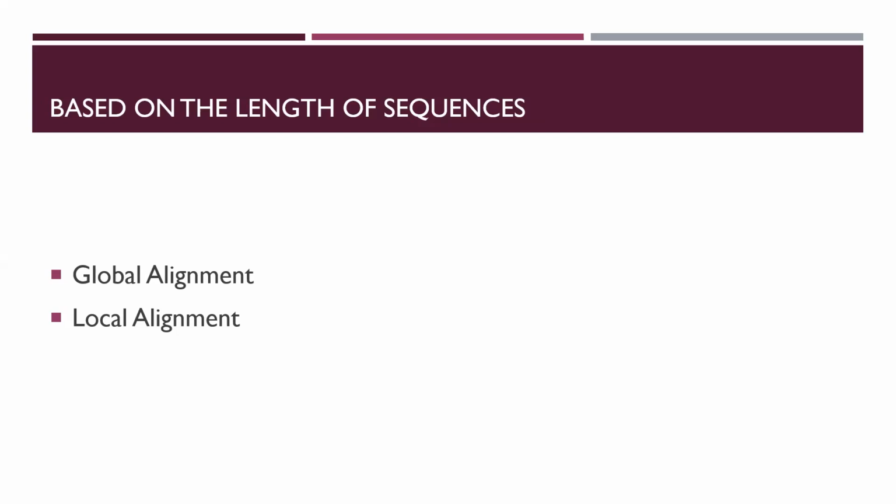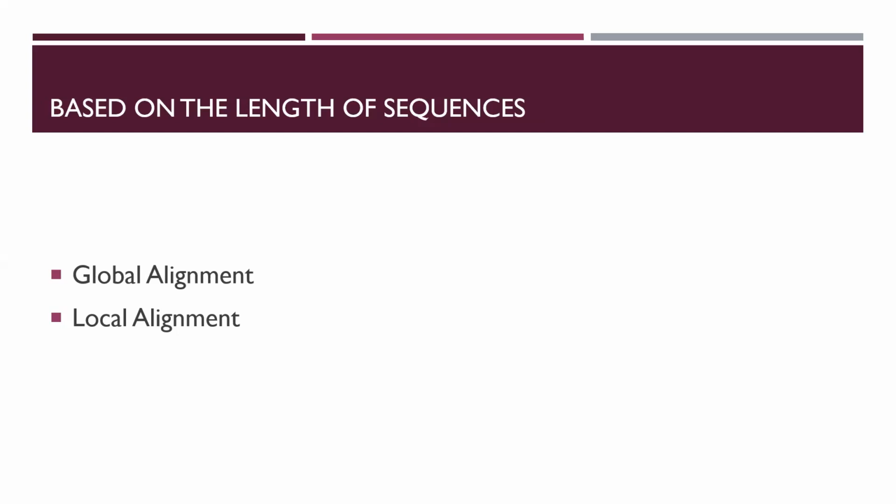Whereas in local alignment, sequences are aligned to find out regions of higher density or strong similarity. That means the length of the sequences need not be the same.